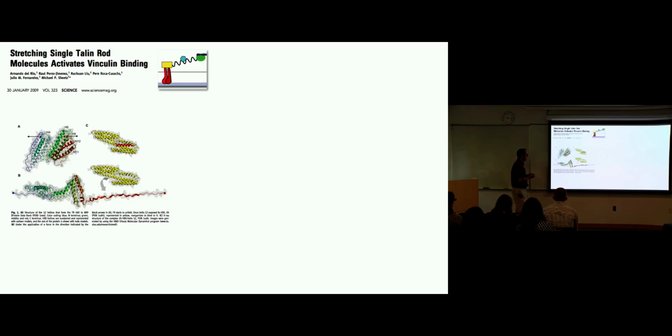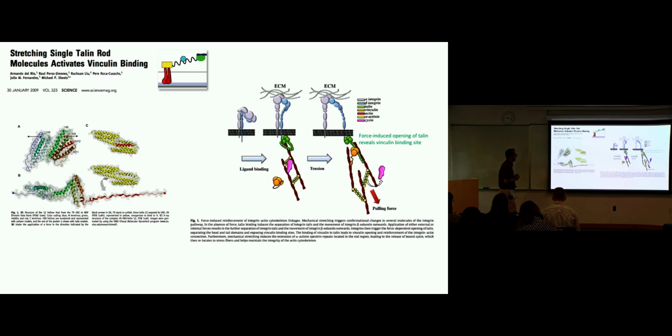This is vinculin in yellow, and this alpha helix right here is the part of talin that binds. What the Sheetz lab showed was that pulling on this molecule reveals this site that allows vinculin to bind. So this is how talin is able to sense force. It senses force by undergoing this large conformational change.